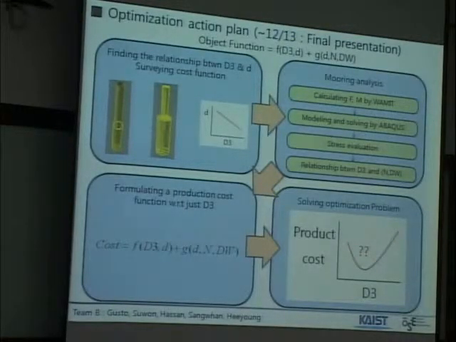These are the optimization action plans until final presentation day. About 10 days remain. At first, we have to find the relationship between D3 and D, and we have to survey the production cost functions for F and G. And then we have to do the mooring analysis by using this model and stress evaluation, and make up the relationship between D3 and M, or DW, the diameter of the wire.